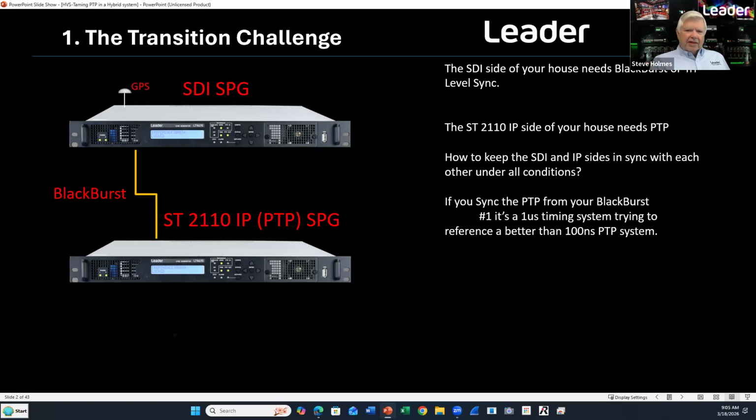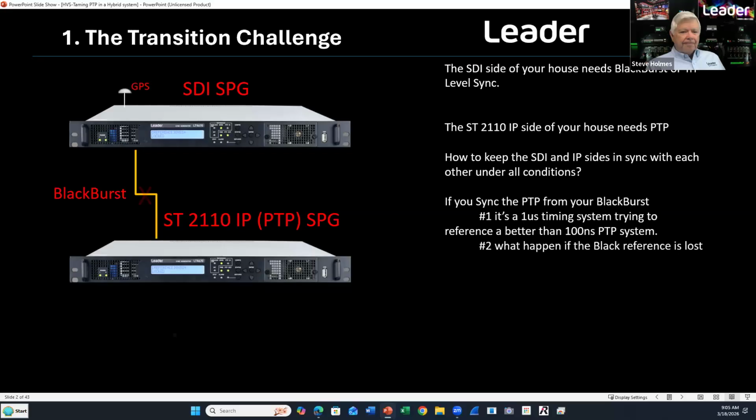PTP, i.e. GPS, because PTP carries the same quality as GPS, is a 100 nanosecond or better reference system. But if you're locking it to black burst, it's only going to be a 1 microsecond system.